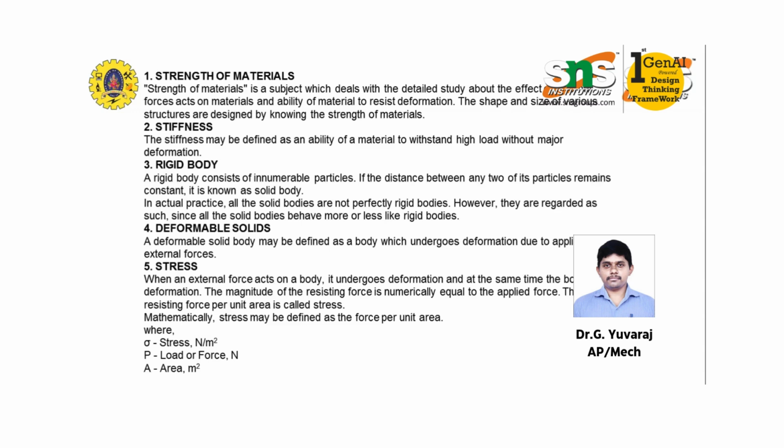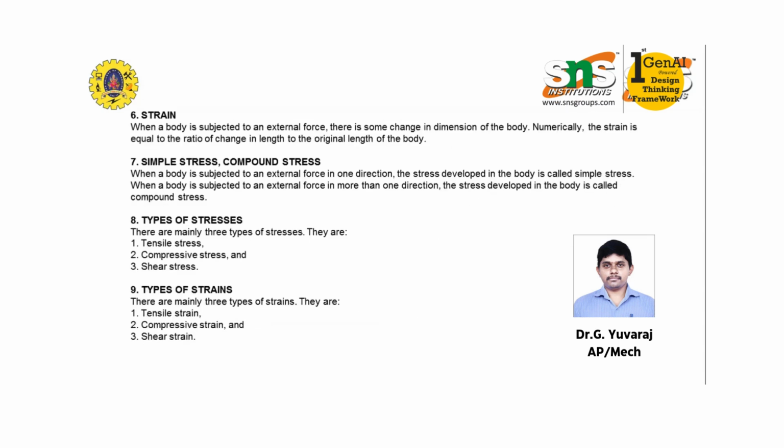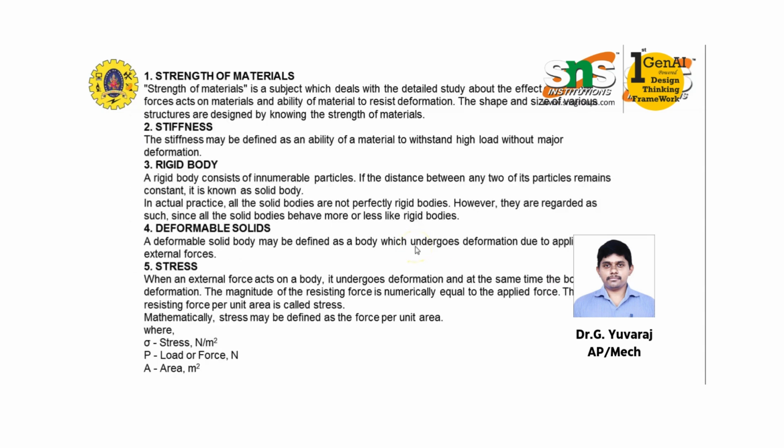And deformable solids means it can undergo some deformation whenever a small load acts over the solid. Because of the load there may be some deformation. So that is what you call a rigid body and deformable solids.